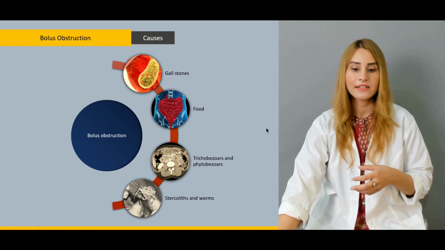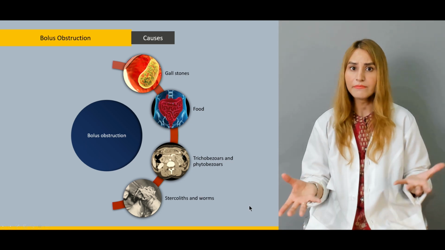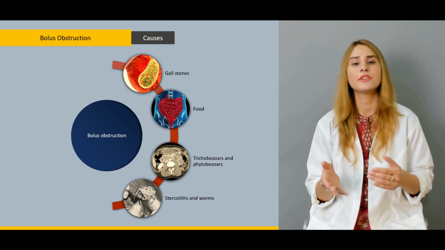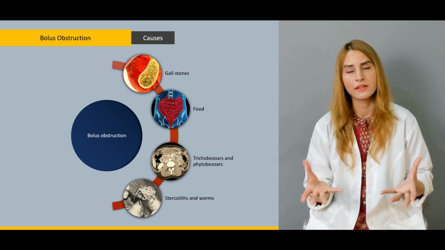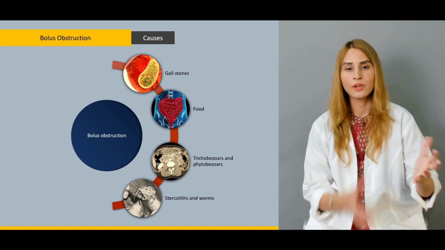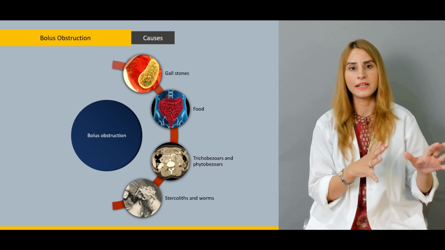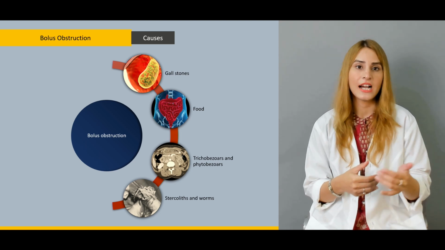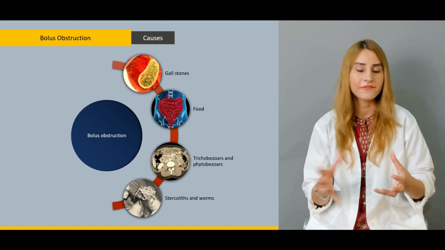There's another category called stercolith. Basically, it is the undigested material that comes into the lumen. We know that bile is very important for the digestion of fats and fat emulsification.